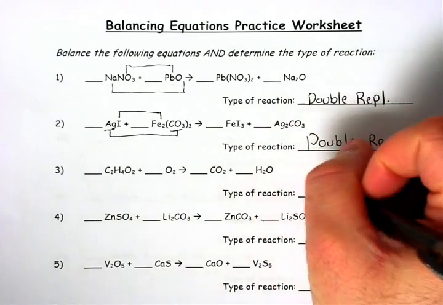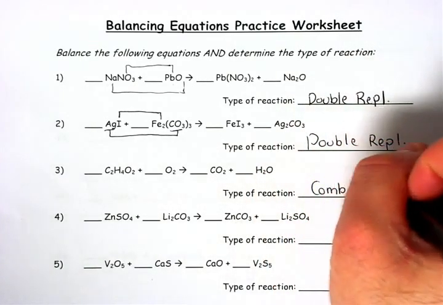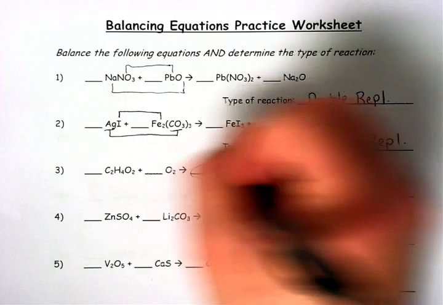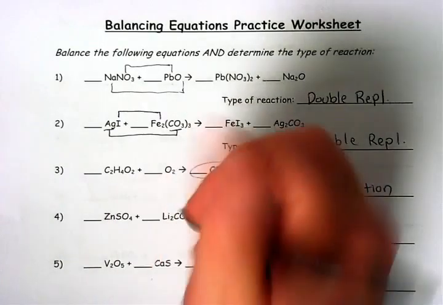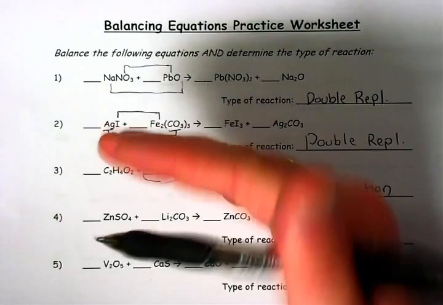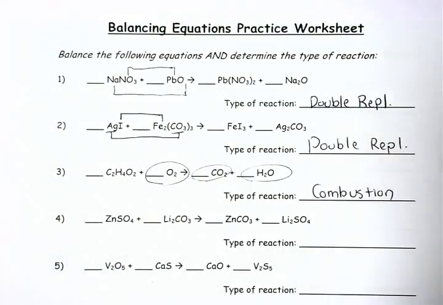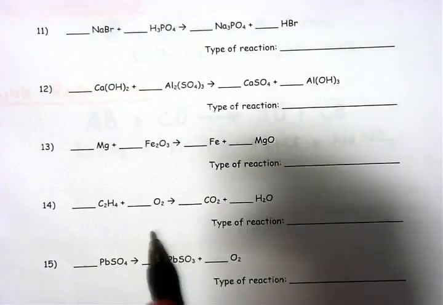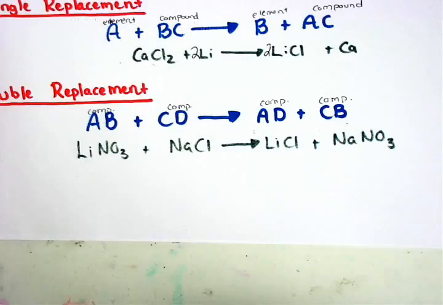Yesterday's reaction type, the combustion. Because you see CO2 and H2O being products of a burning with O2. Cool? So your task, of course, is to balance these. That's fun. And then also to write down the types of reactions, front and back, 1 through 18. That's your homework, okay? Okay. Awesome.